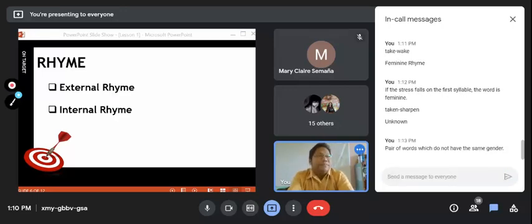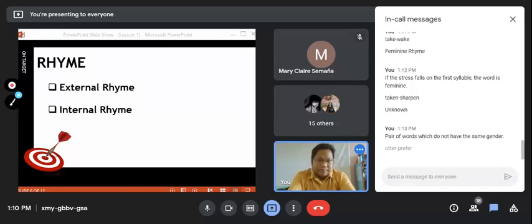For example, otter. An otter is an animal. The other one is a verb, prefer. Otter. Stress is on the first syllable.